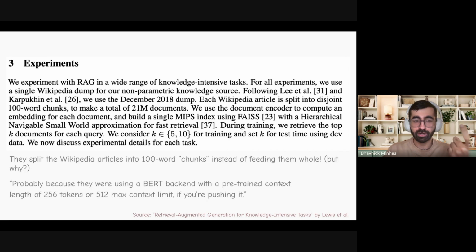Usually those 100 words would be approximately equal to 256 tokens, if you take the metric as 2 to 3 tokens per word, which is a good rule of thumb if you want to take it. So that's 256 tokens. And BERT, fun fact, was actually not trained for 512 tokens, even though its token limit is 512.